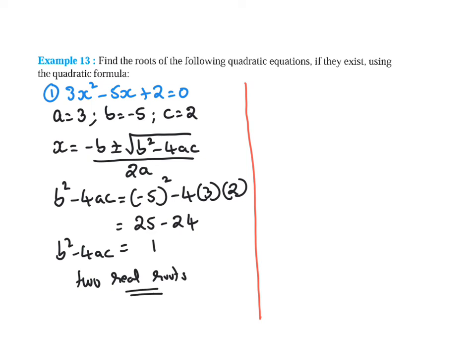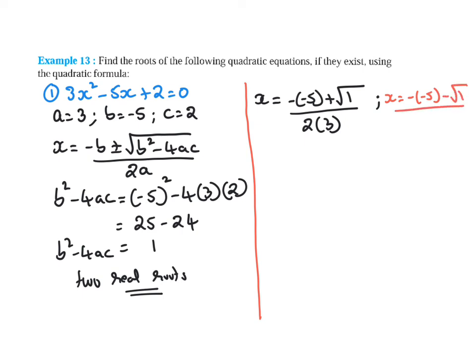Now we can easily take the values and plug them into the formula. x is equal to minus b, which is minus negative 5, plus the square root of b squared minus 4ac, we already found it's 1, over 2a. And the other value is x equal to minus negative 5 minus the square root of 1 over 2a.